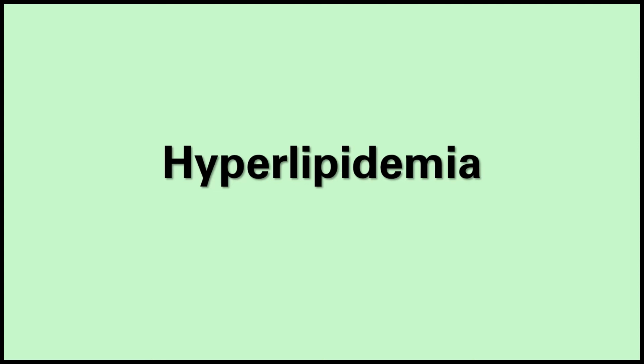Number 3, begin statin therapy in patients aged 40 to 75 with an LDL level greater than 70 and diabetes. Number 4, begin statin therapy in patients aged 40 to 75 with an LDL level greater than 70 and an estimated 10-year ASCVD risk of 7.5% or greater. This risk can be assessed using an online ASCVD risk calculator.